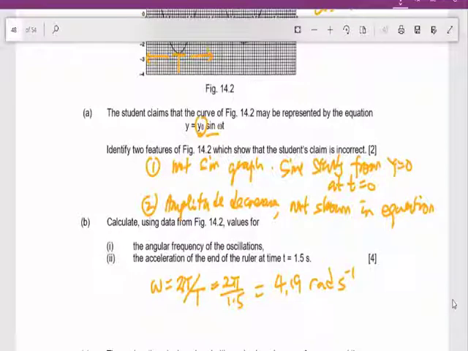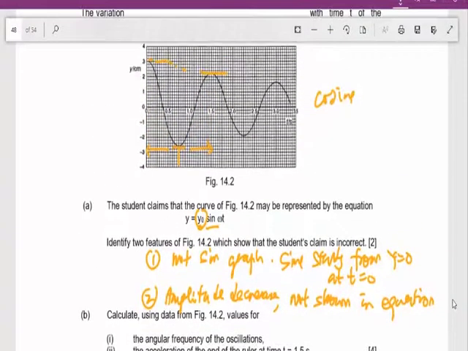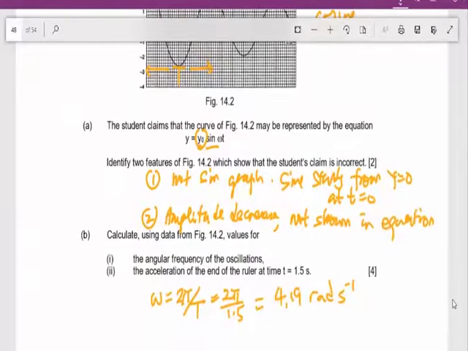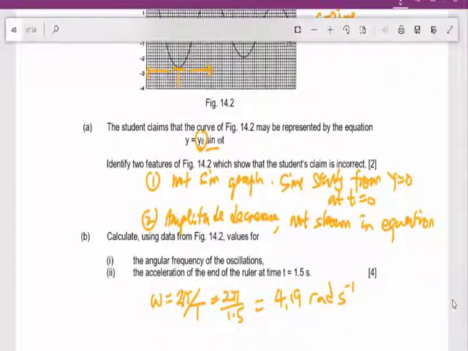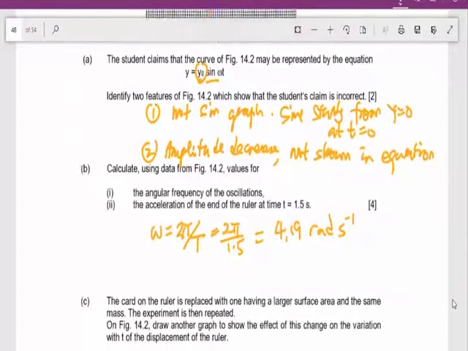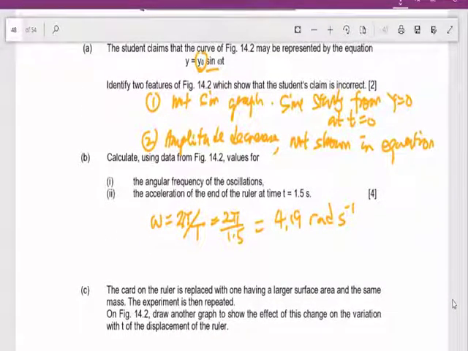What about the acceleration at t equals 1.5 second? What we need to do is make use of the definition for acceleration, a equals minus omega squared x.